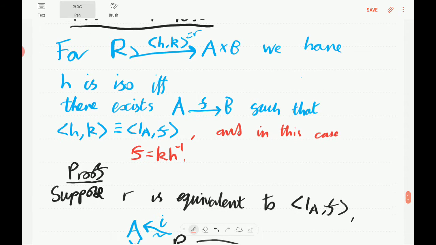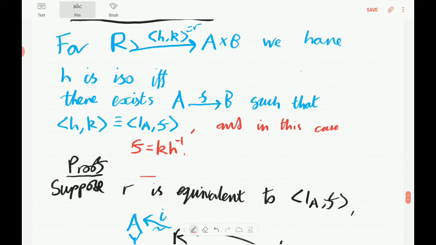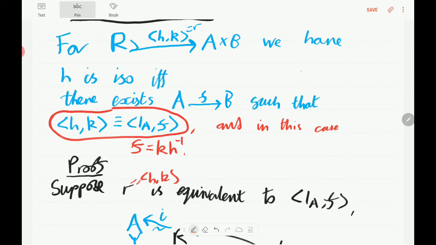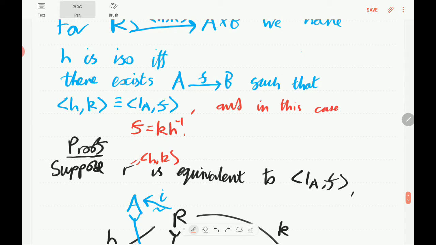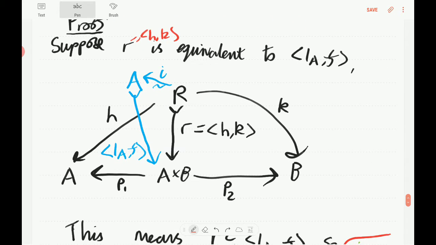So we want to prove this result. Firstly, let's suppose that R, which is equal to H comma K, is indeed equivalent to some graph. So we'll assume that H comma K is equivalent to identity A comma F. Okay then, what does that mean?